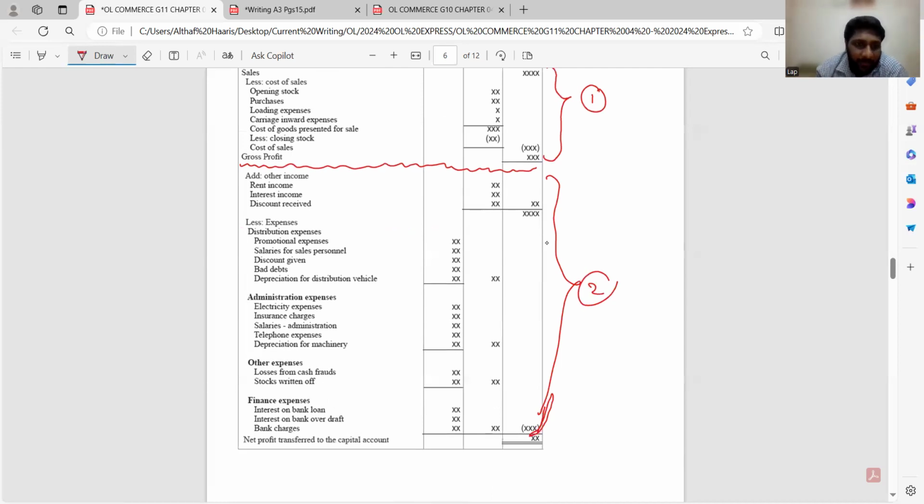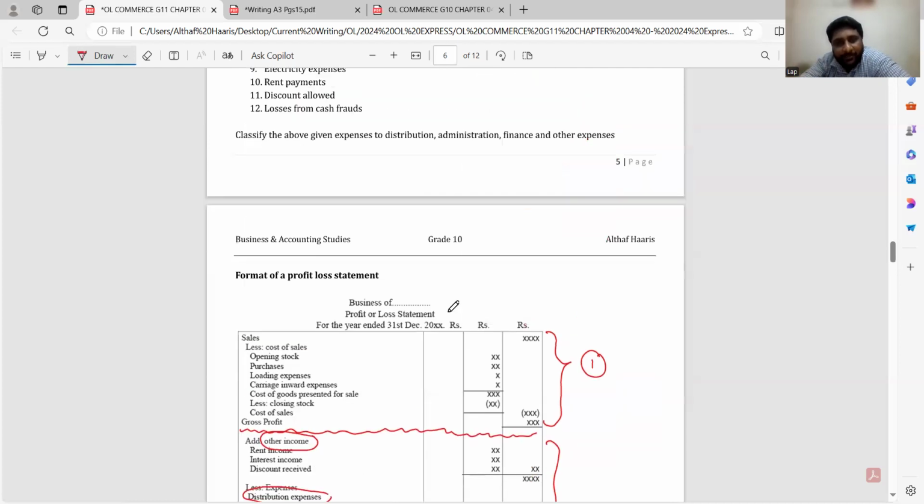In the second part you have other income as 1, distribution 2, admin 3, other expense 4, finance 5. In the second part, you have main 5 items. Colors. That's it. Done.